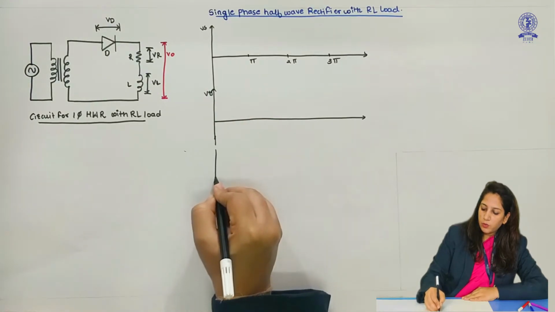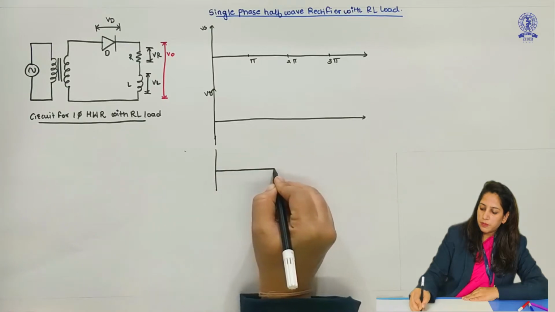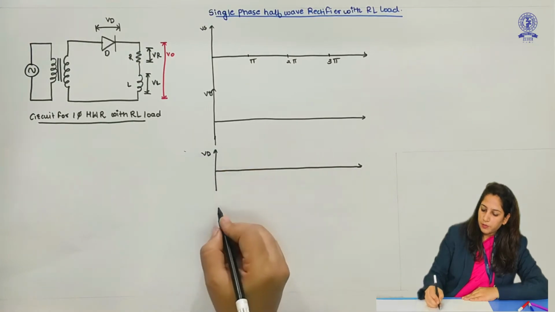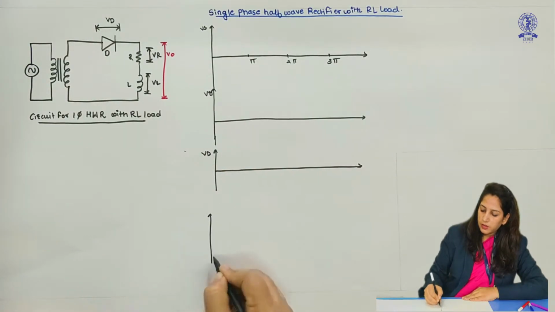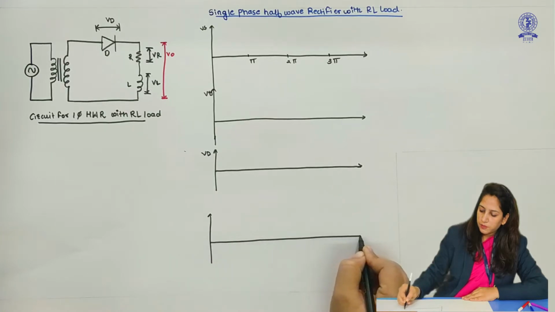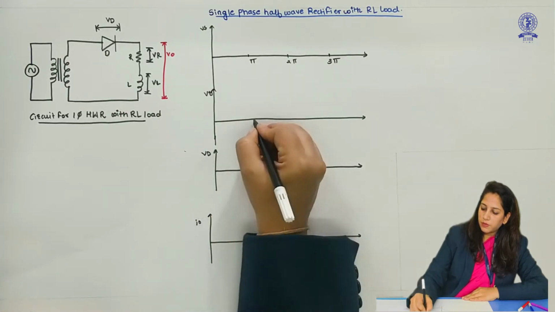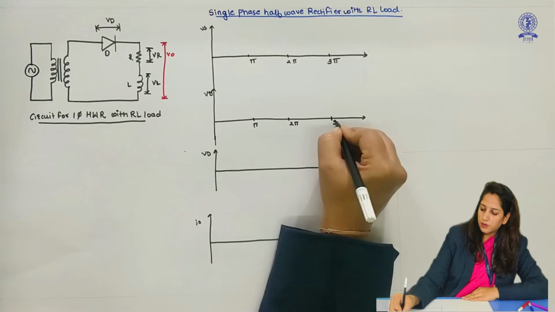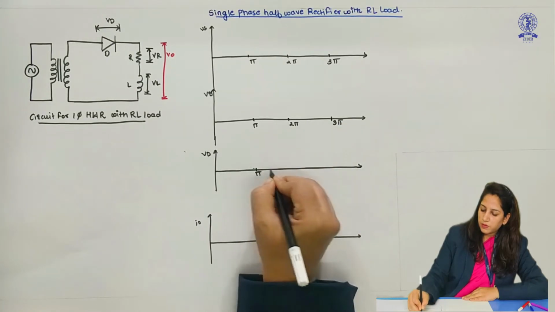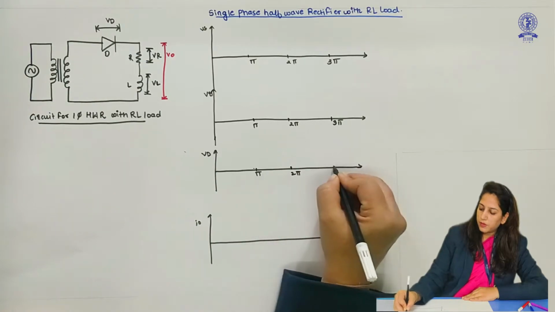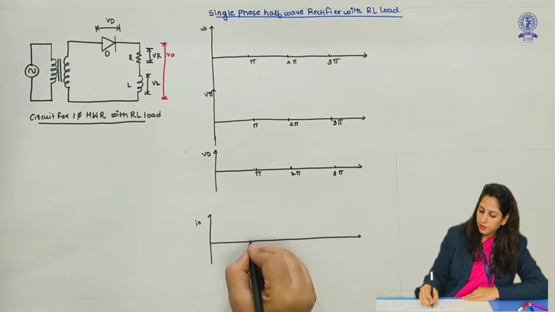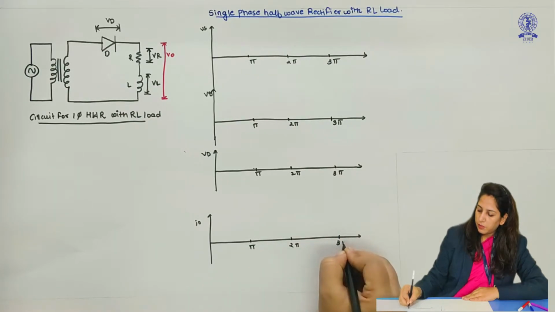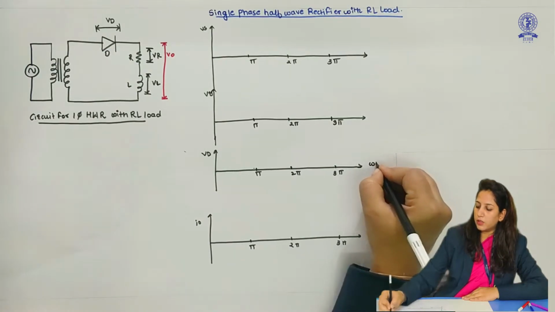Then we will take the diode voltage, VD, and finally I will take the current IO. So pi, 2 pi and 3 pi with respect to omega t. This is the omega t axis.